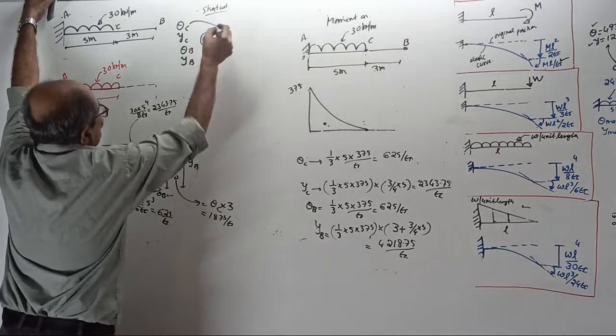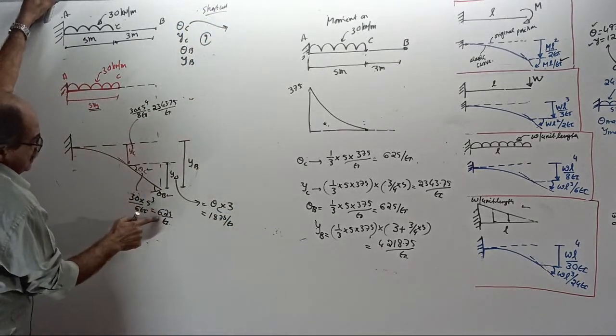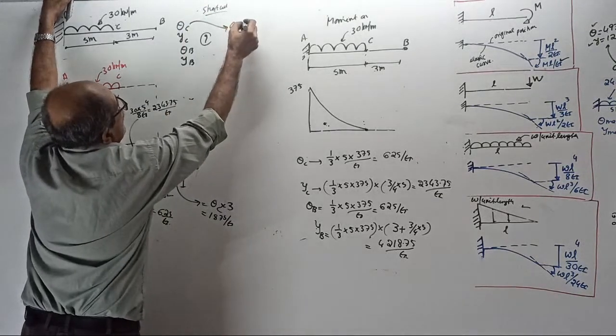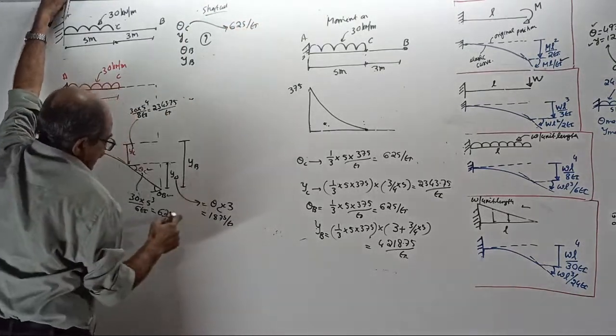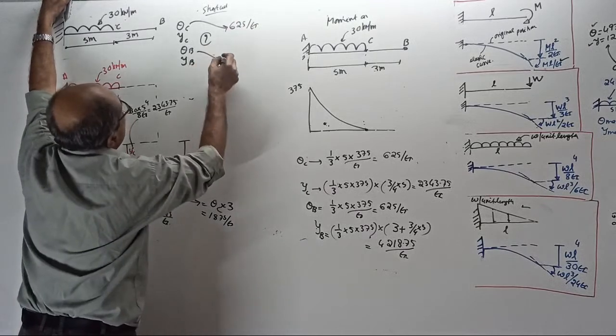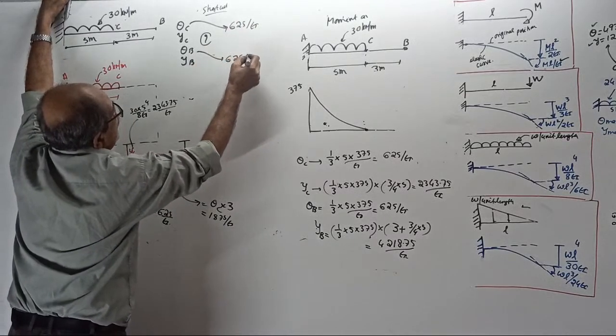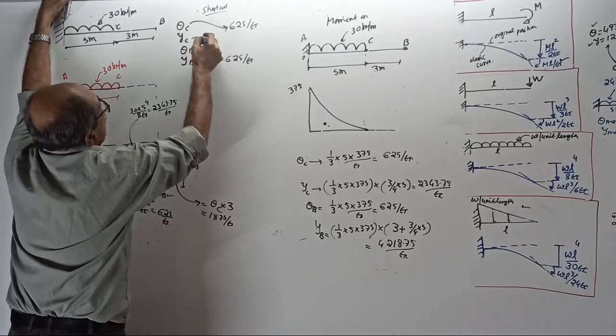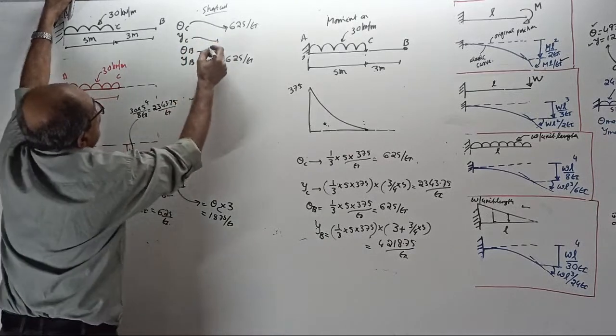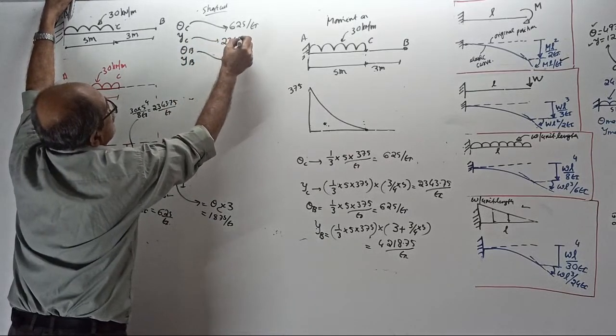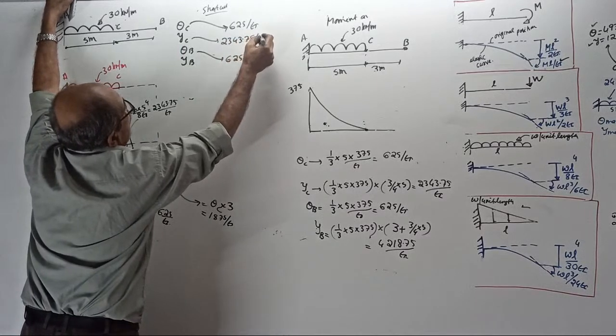Now, theta C equals 625 by EI. Likewise, theta B is also the same, 625 by EI. Deflection at C is 2343.75 by EI.